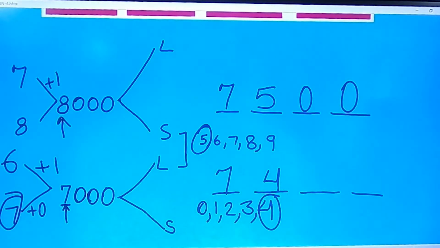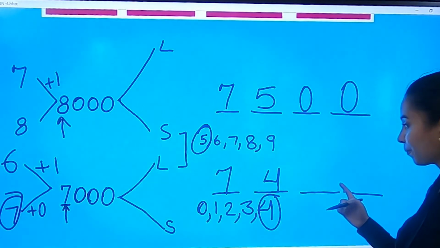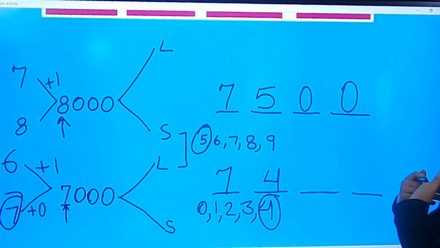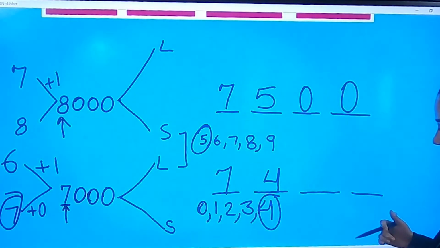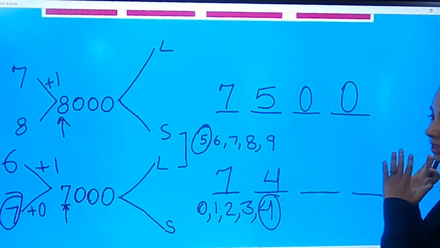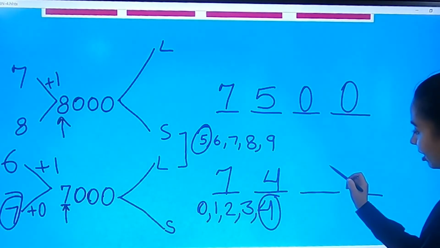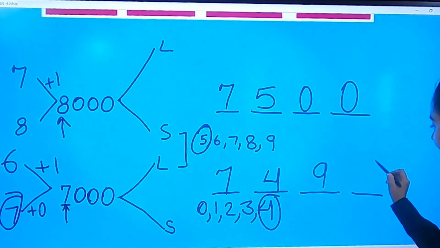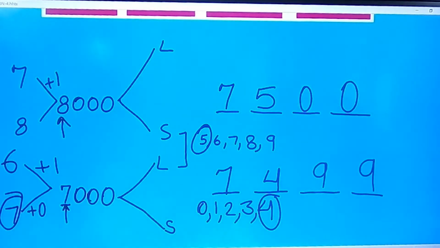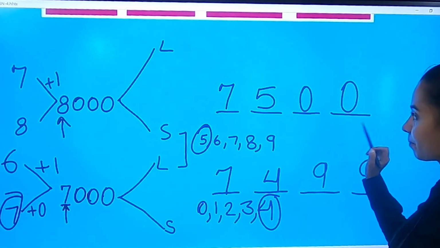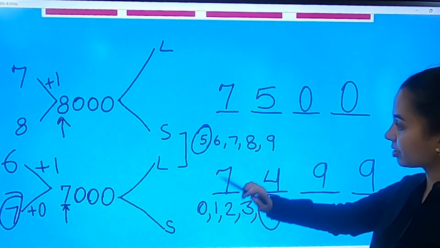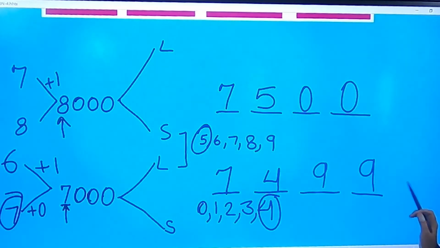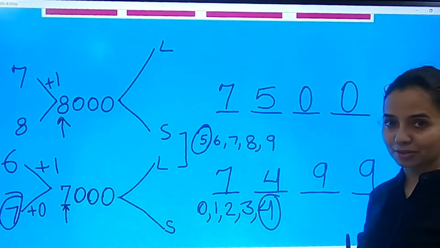And these don't make much difference, so I have the liberty to choose any digit from 0 to 9. I will choose the largest possible digit here. I will choose 9 for this place and 9 for this place. So this becomes the smallest possible number for 8,000 and this became the largest possible number for 7,000.